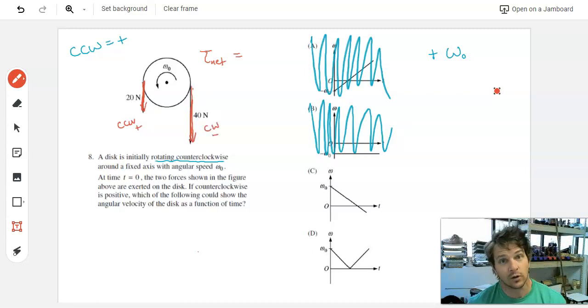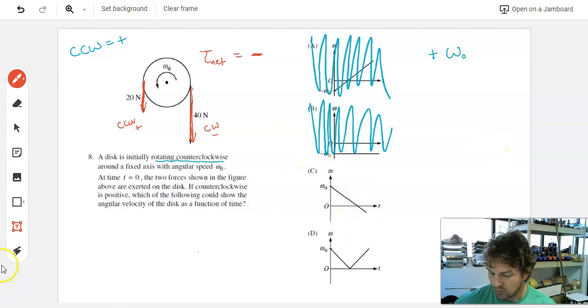So my net torque is going to be a negative something, right? There's more force pulling this in the negative clockwise direction than in the positive direction, so that tells me the slope of my velocity graph needs to be negative the whole time, okay?